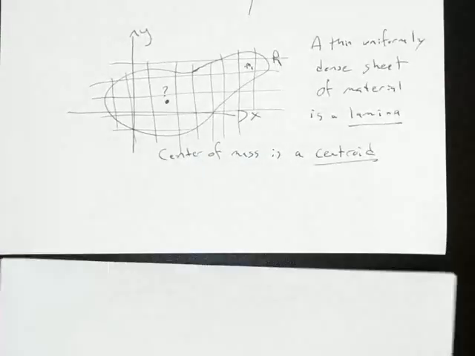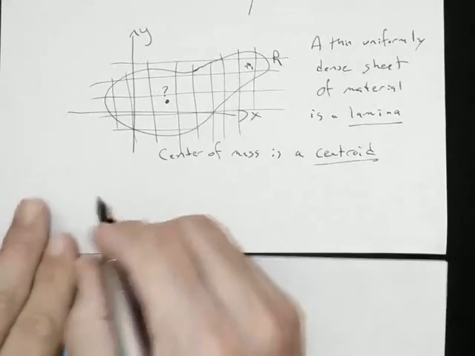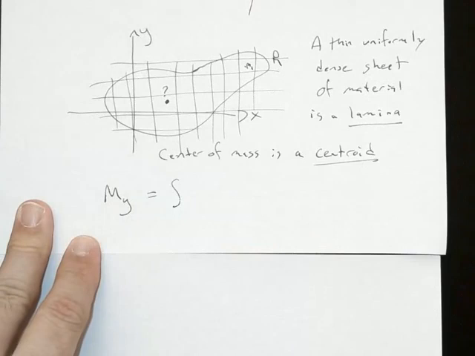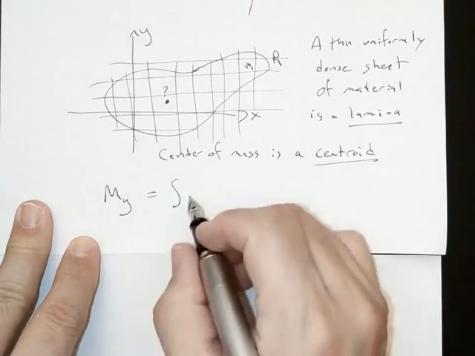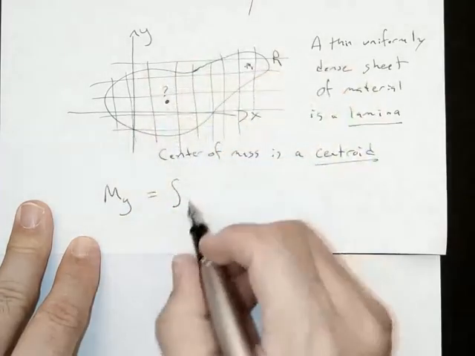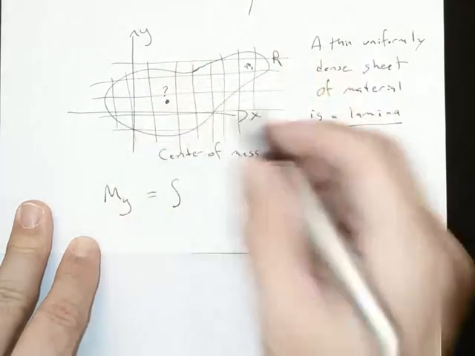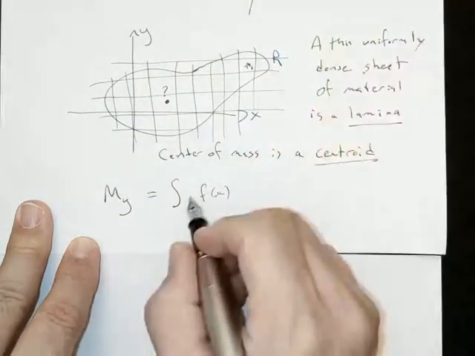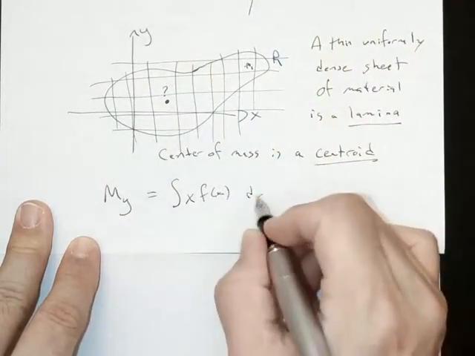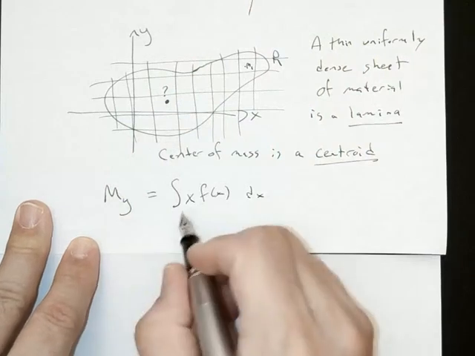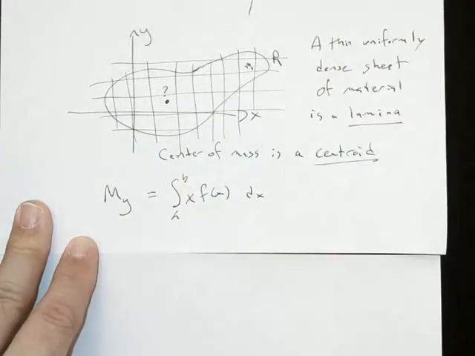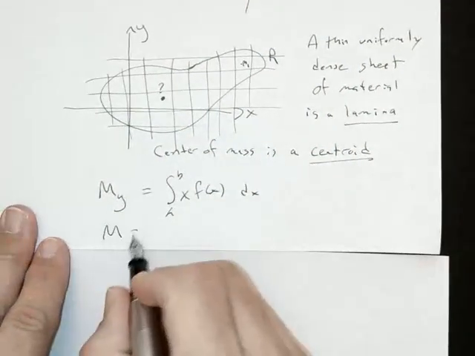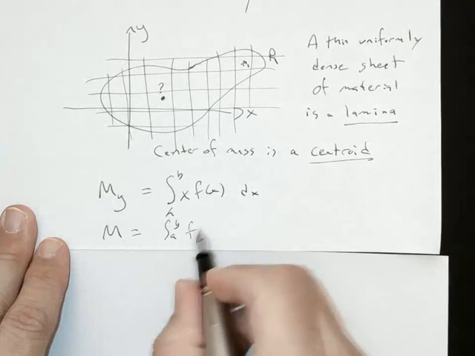And if I do that, then my moment is now the integral of this shape. Well, that's going to be defined by some curve, right? But I need that extra x in there. I need the x coordinate. And that's going to work. And then the mass is just the area.